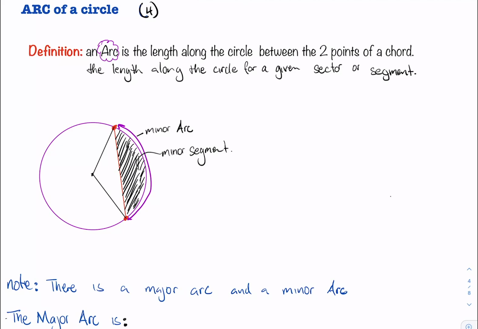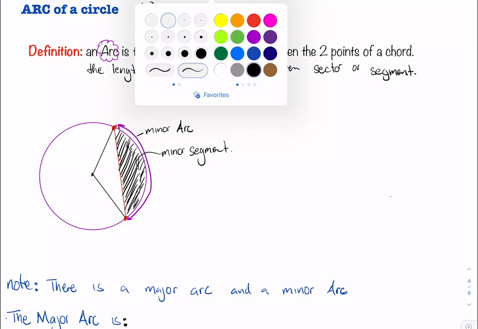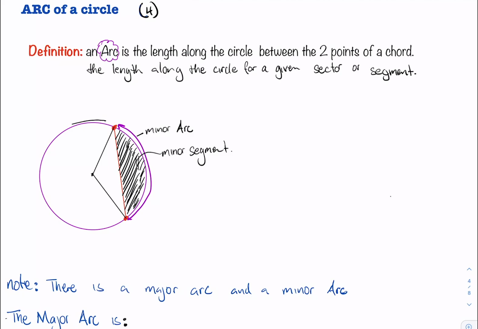So here we have a minor segment, therefore we have a minor arc. If we were to conceptualize the arc as the distance along the major sector or segment, either works, because we have both a major segment and a minor segment.